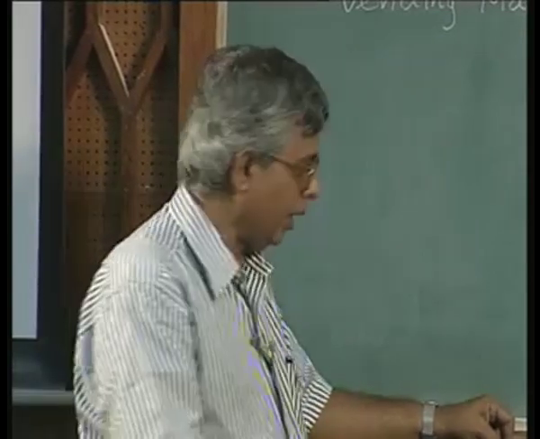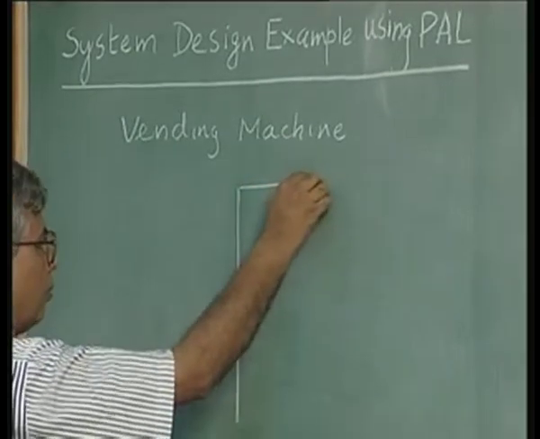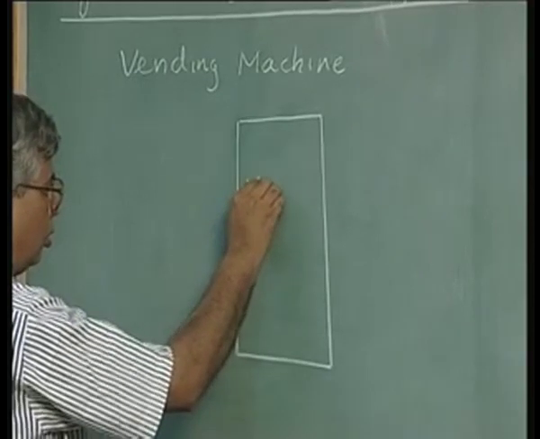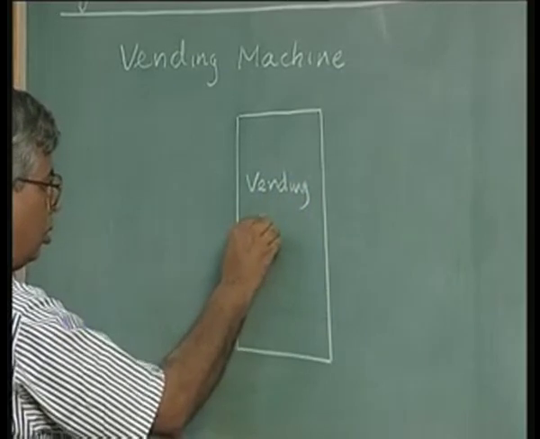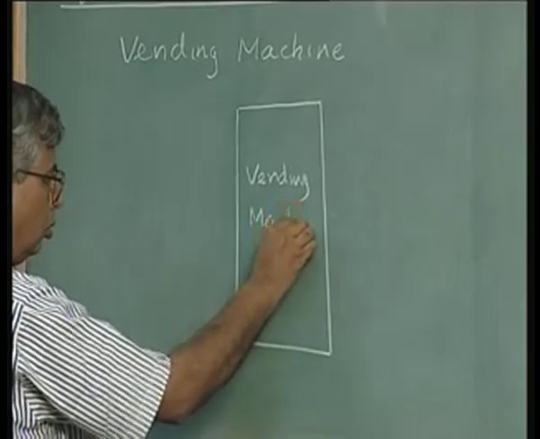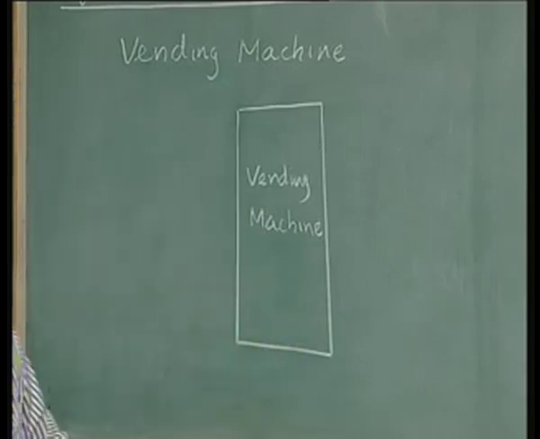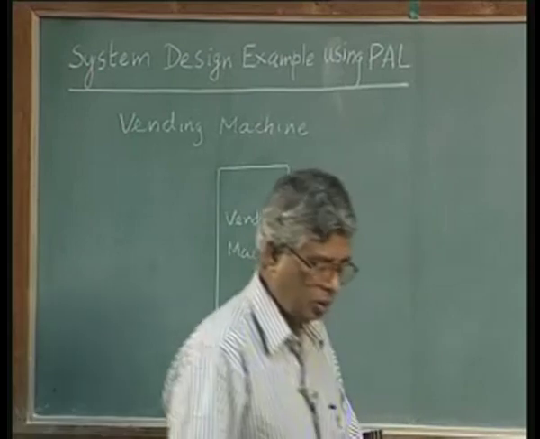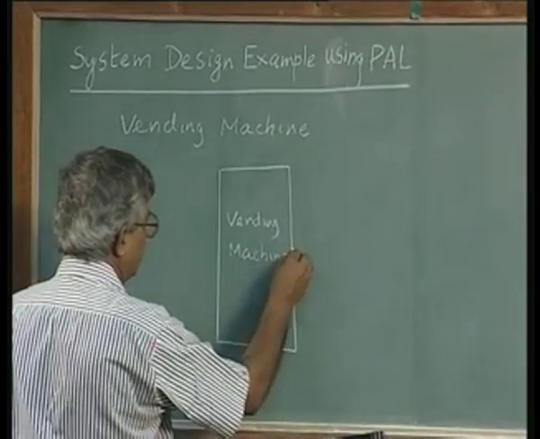We are going to say this is what we are going to design, a vending machine, which will dispense, let us say, about how many items? Let us say 5 items. 5 items will be dispensed.